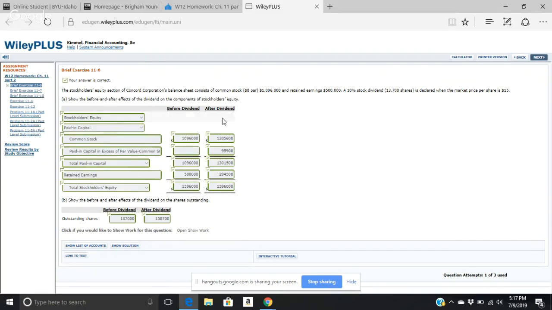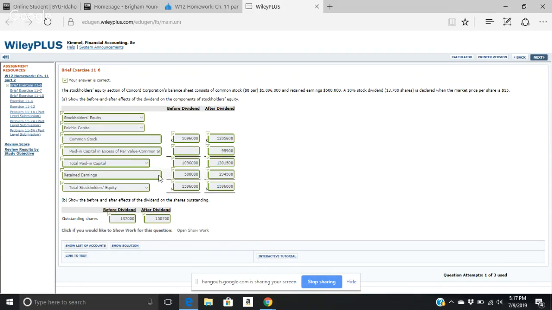So common stock, we can see that we have $1,096,000. We will fill that in here. And there isn't any paid-in capital in excess, so we're going to leave that blank. And since there is no paid-in capital in excess, the total paid-in capital is the $1,096,000.